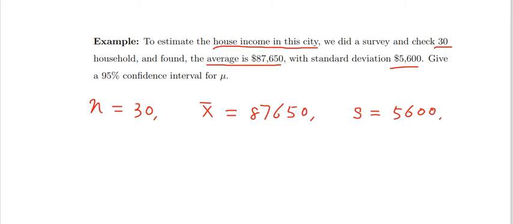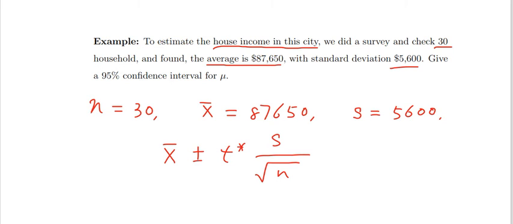Okay. So based on this information, we want to give a 95% confidence interval. So the formula is X bar plus minus T star times S over radical N. By now we have X bar, we have S, we have N. So the only thing we need to find is the T star, right?